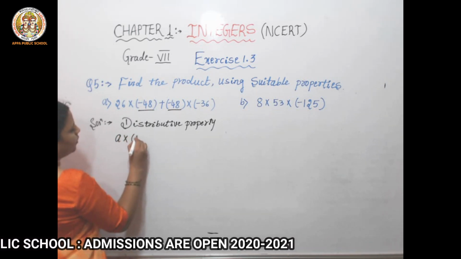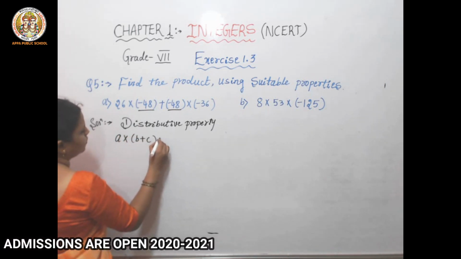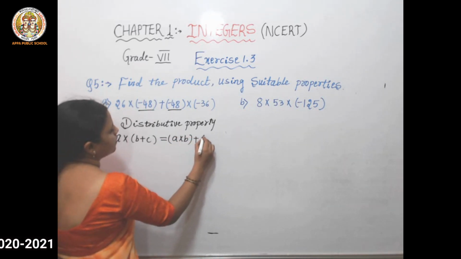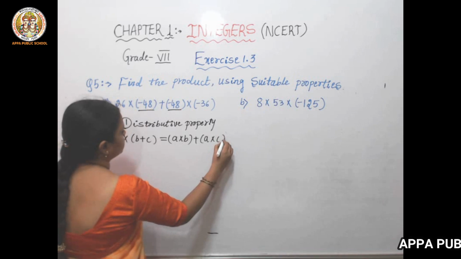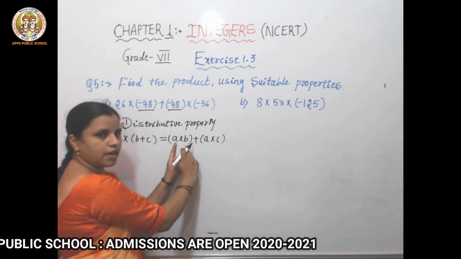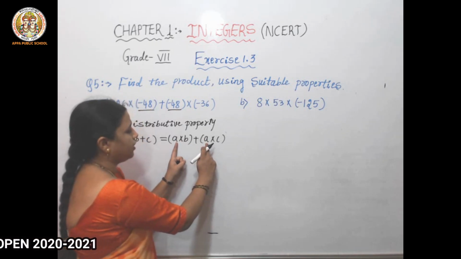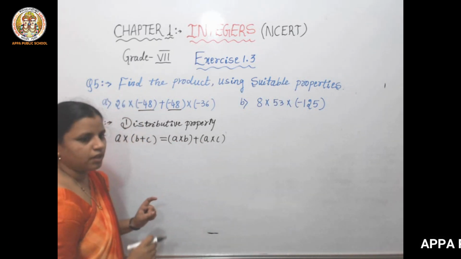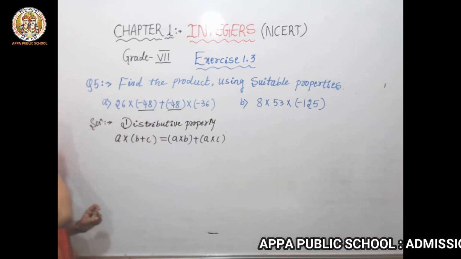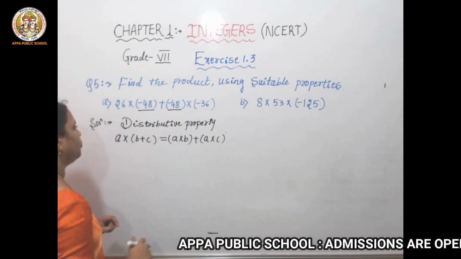A into (B plus C) is equal to A into B plus A into C. See children, here we are having A, here also we are having A and here also A. So A is common in both. Like that, here 48 is common, so we are using the distributive property.